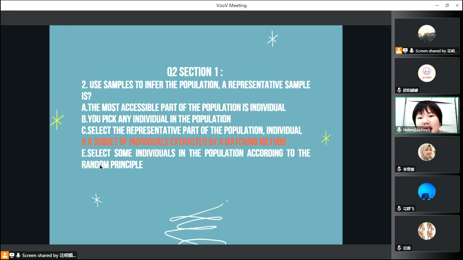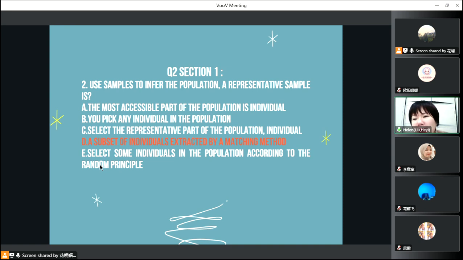If we use the matching method, the data may be similar to the population, but it doesn't follow the random sampling principle. Here the wrong word is subset. If we choose a subset of these individuals, the result may not have any meaning for the population.